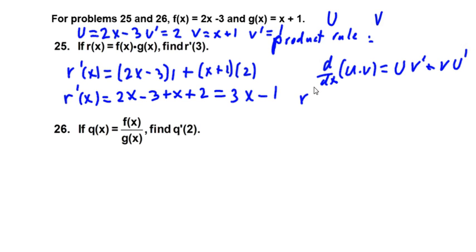So r prime of, in this case, we're asked for 3, right? r prime of 3 is equal to 3 times 3 minus 1, which equals 8. Let's see if that's what I got earlier. I'm pretty sure it was.